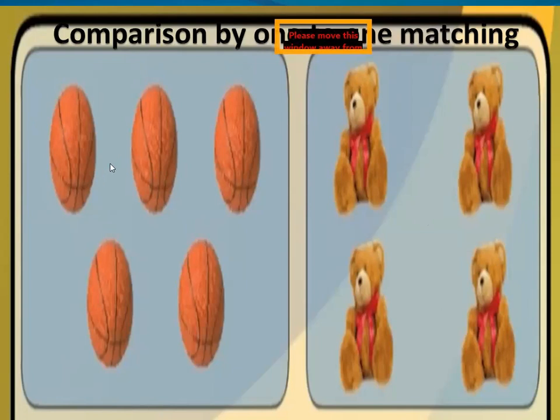So one is left. It means group A has the greater number; the number of balls is greater. So 5 is greater than 4, because the number of balls is more compared to bears. Bears are 4, but balls are 5.